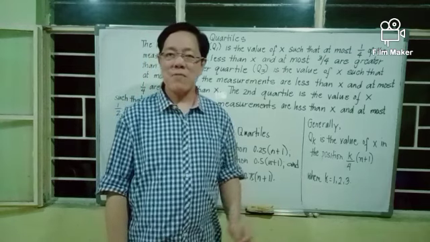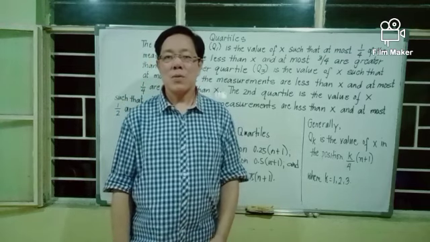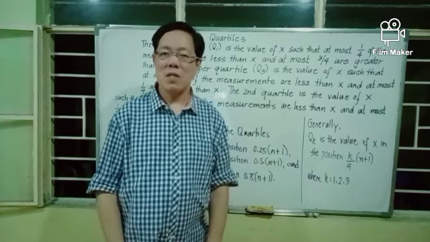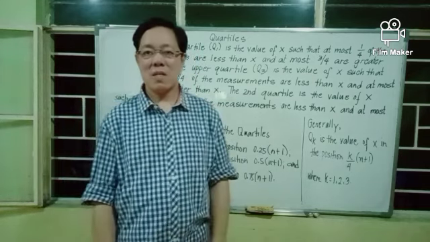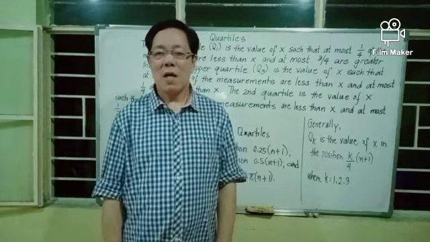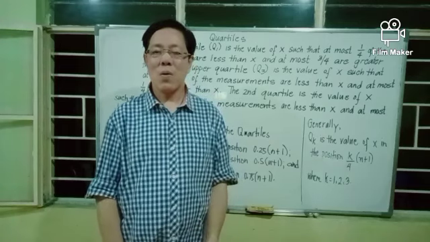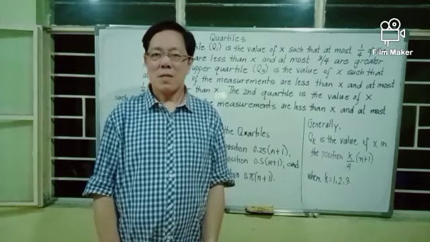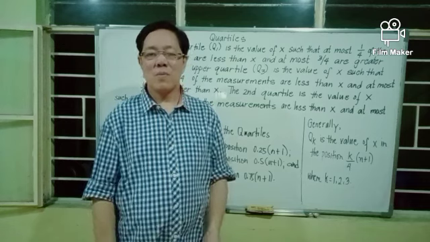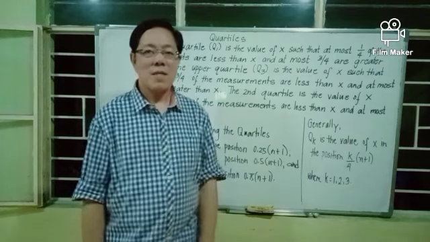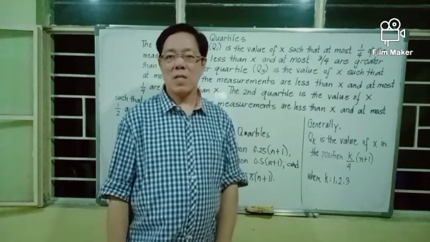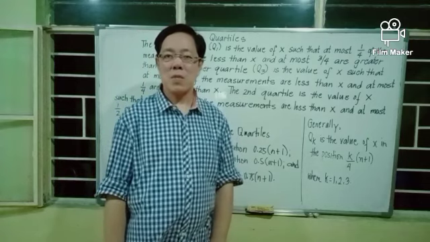And in this definition of quartiles, you have to first arrange the given values in increasing or decreasing order, ascending or descending order. Now we define the upper quartile, or Q sub 3.